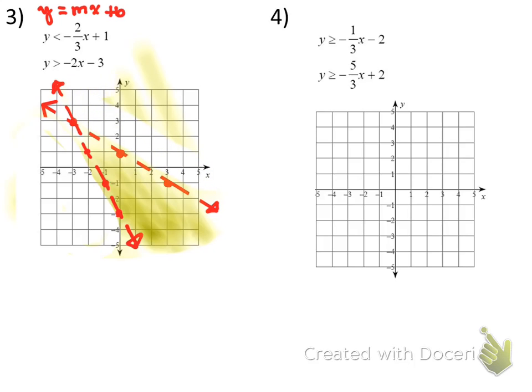Okay, and there you go. This section is shaded. This is saying that anything in this shaded region is a solution. Okay? Alright, number 4. I want you to try that out. Ready, set, go. Okay, here we go.